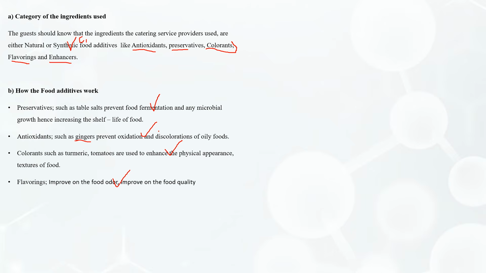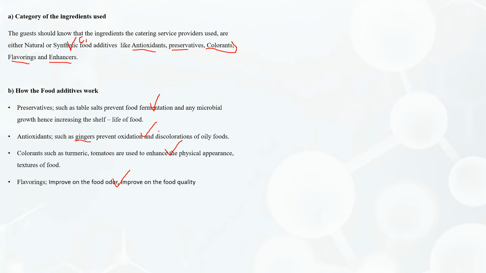We are getting all these from our picture and the scenario. The scenario is talking about good aroma and the taste. The picture is showing the antioxidants like ginger. It is showing some tomatoes which are good colorants and other flavorings. So which means we can have our responses very correct.